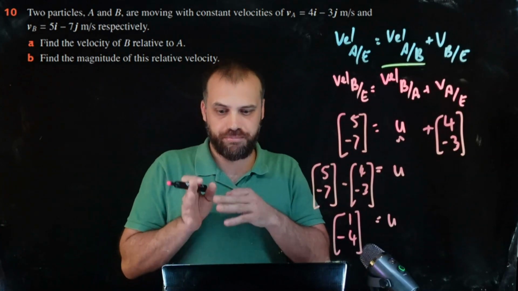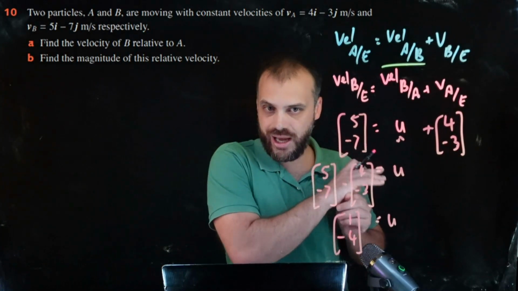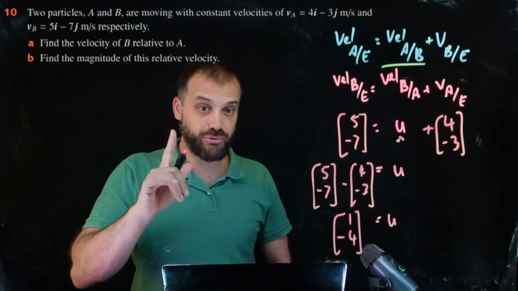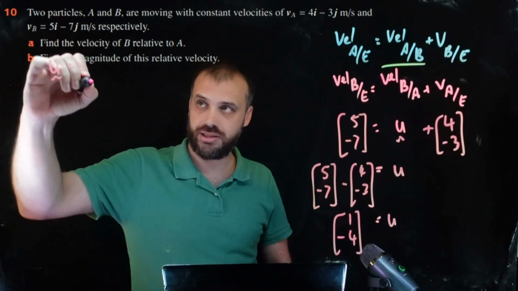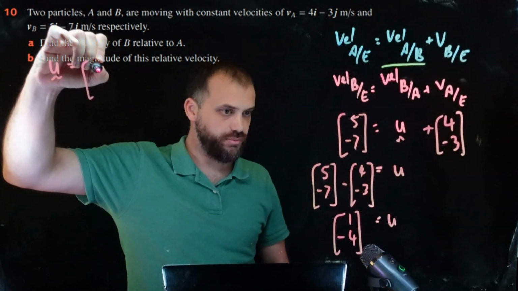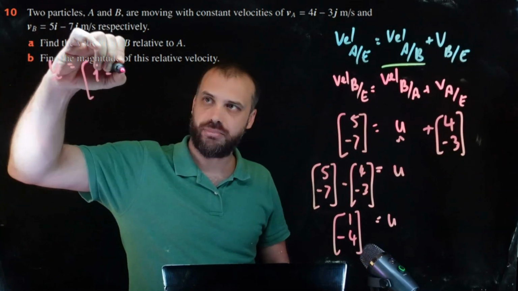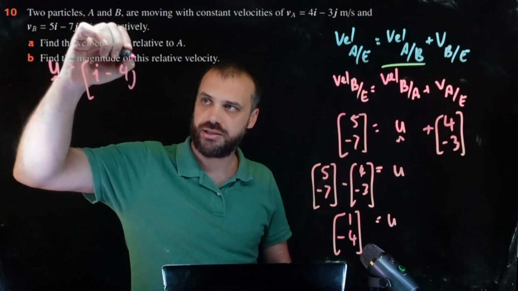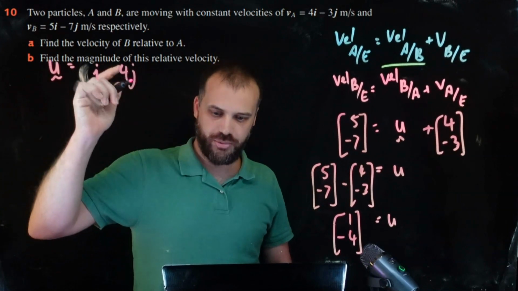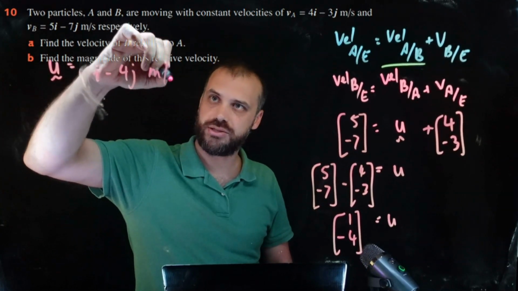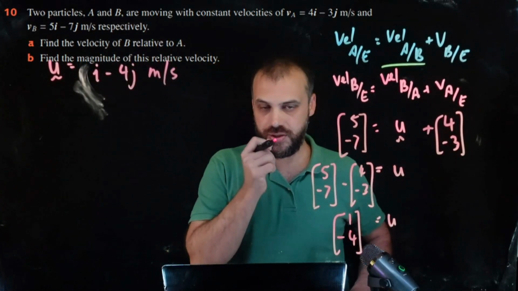The velocity of B relative to A, believe it or not, my answer is 1. So i minus 4j. I don't need that bracket because I've swapped back over to i and j components. i minus 4j meters per second.